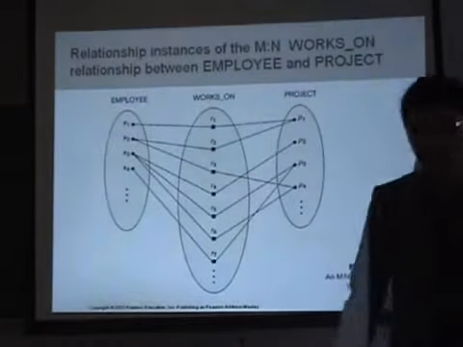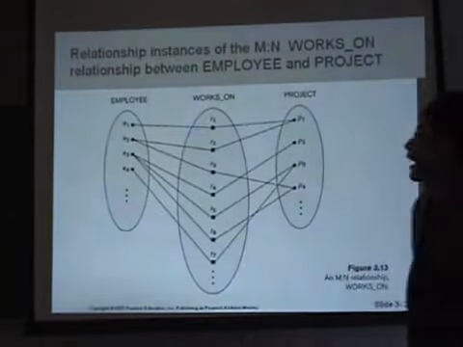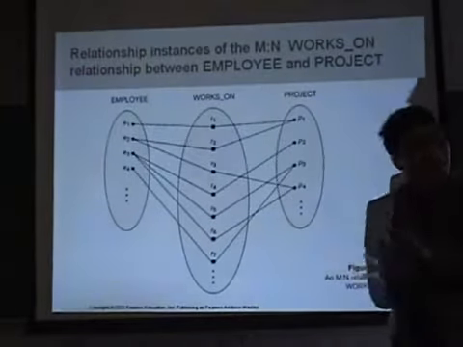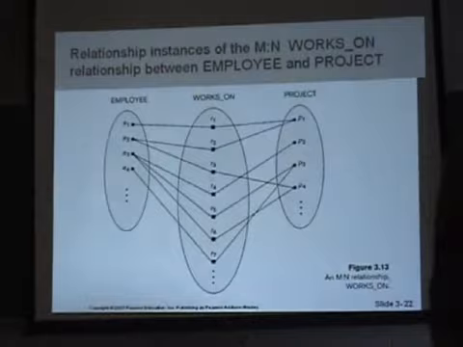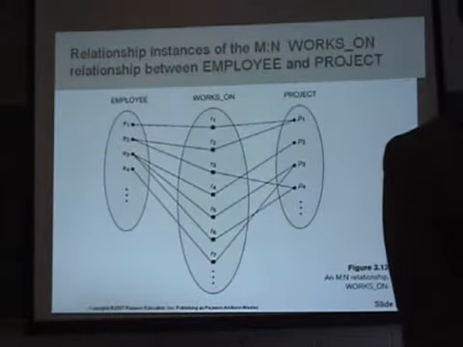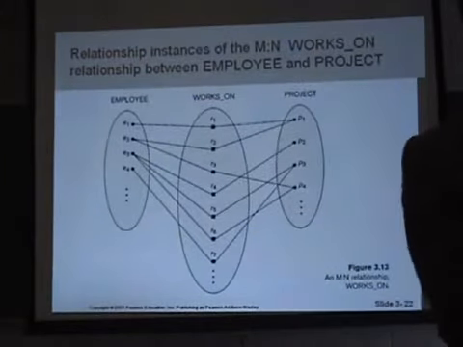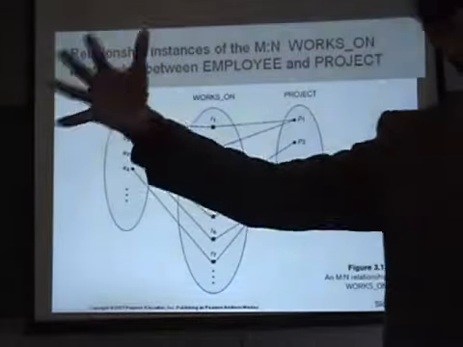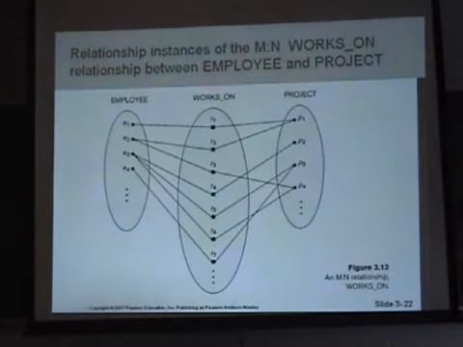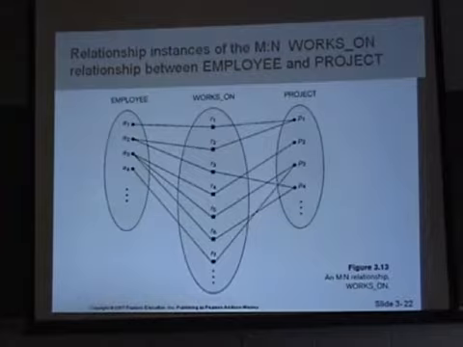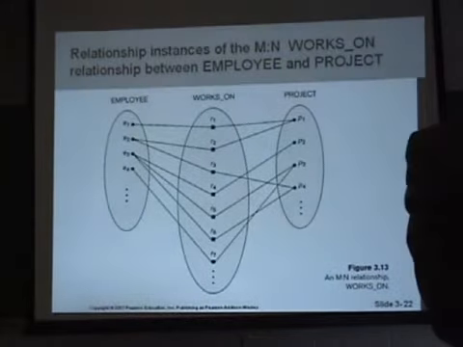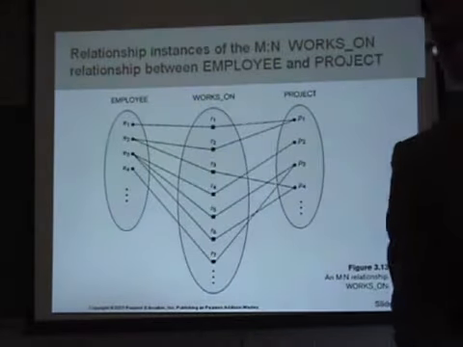Okay. M stands for many, sir? Yeah, M stands for many. N stands for one. N, and also many. L, M, N, O, P, Q, R, S, those are all many. But we have only two entities in a binary relationship, so many-to-many, M or N, is enough. Okay?